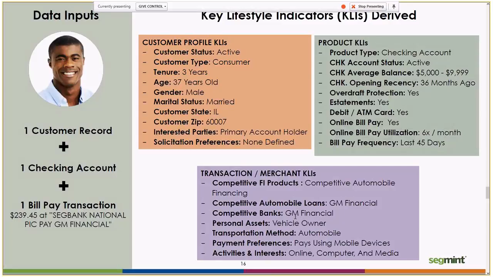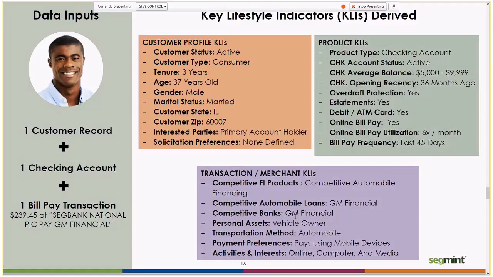In this example, it's a transaction going out to Segbank, National, PicPay, GM Financial. What this identifies is we're looking at that transaction description and the amount of the transaction going out through bill pay to draw a better understanding of this customer, all automated, all in real time.